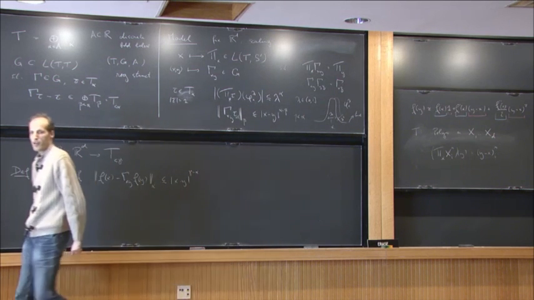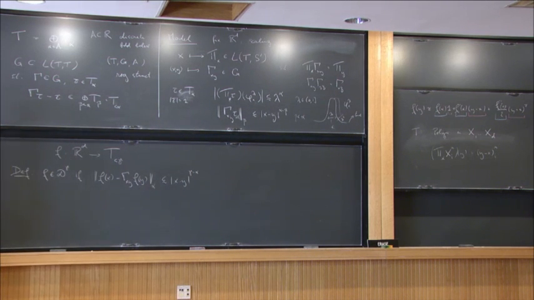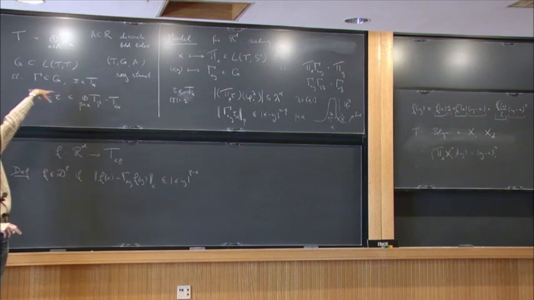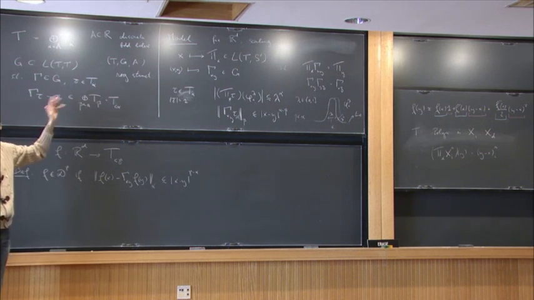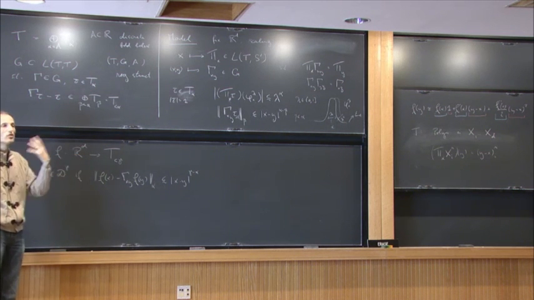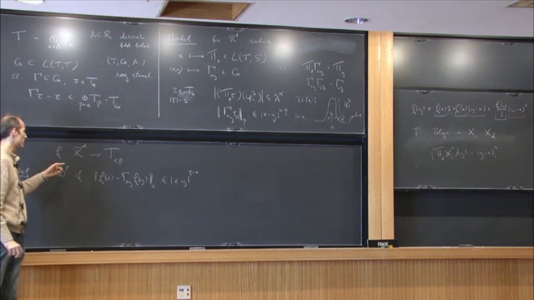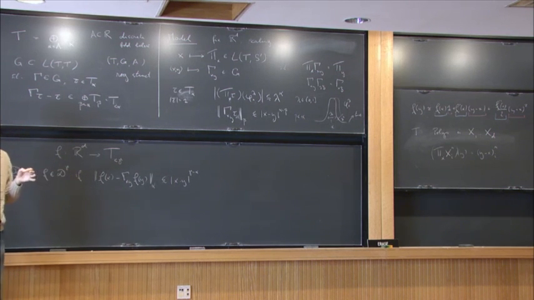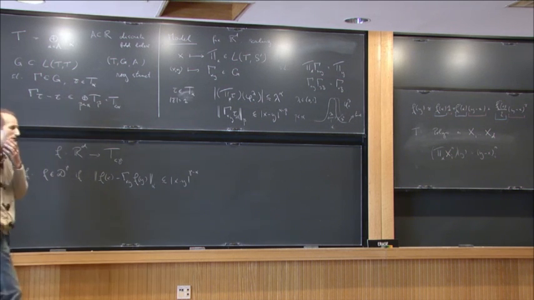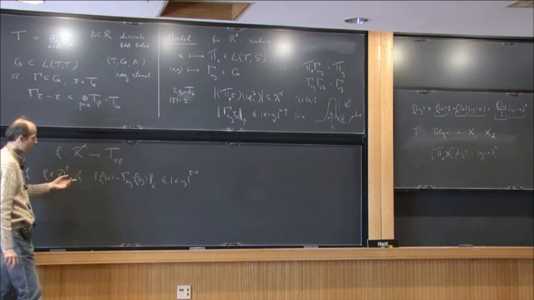I claim first that if this just happens to be the usual Taylor polynomials, then this coincides with the usual C gamma spaces, except maybe at integer values. So D1 really corresponds to Lipschitz functions and not C1 functions. But that's just because we are slightly inconsistent in the way we call C gamma for integer and non-integer values.